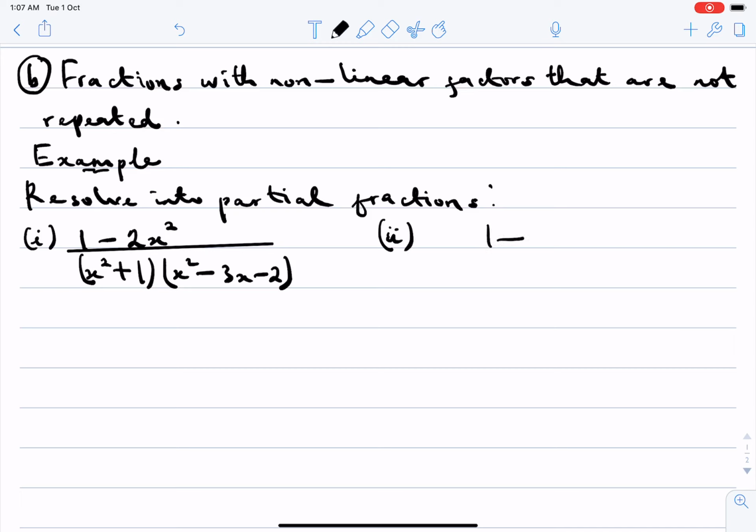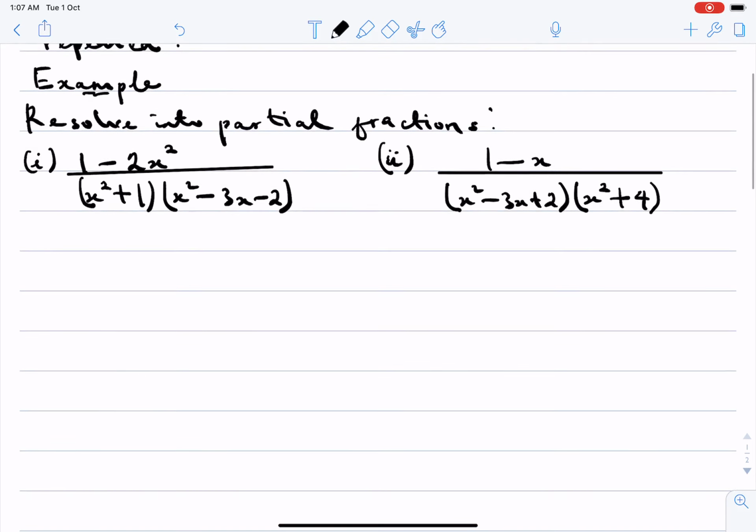And 1 minus x divided by x squared minus 3x plus 2 times x squared plus 4.